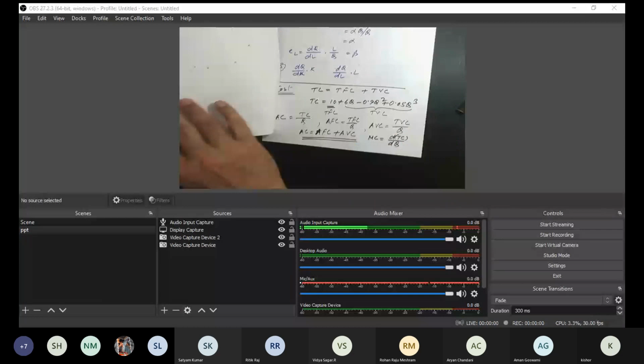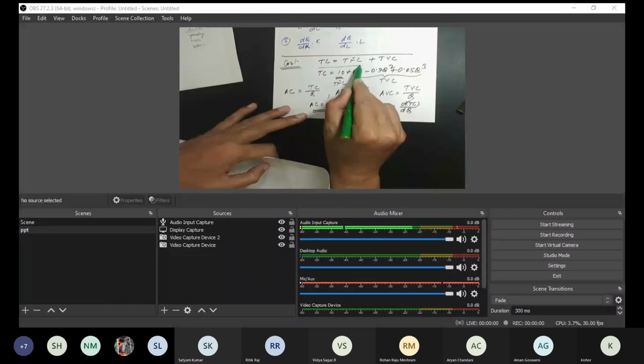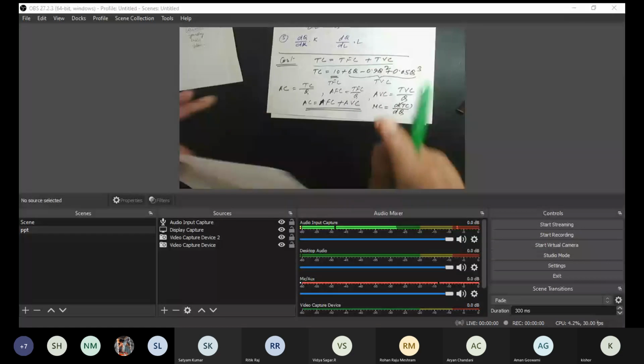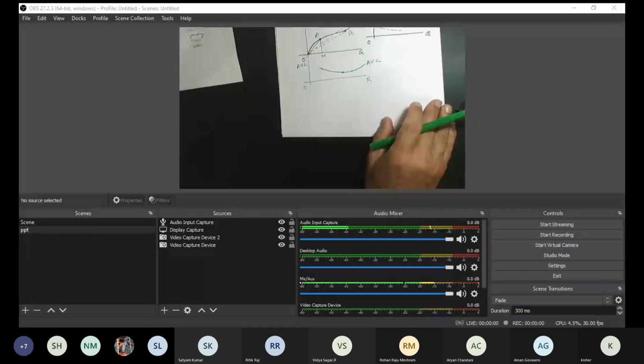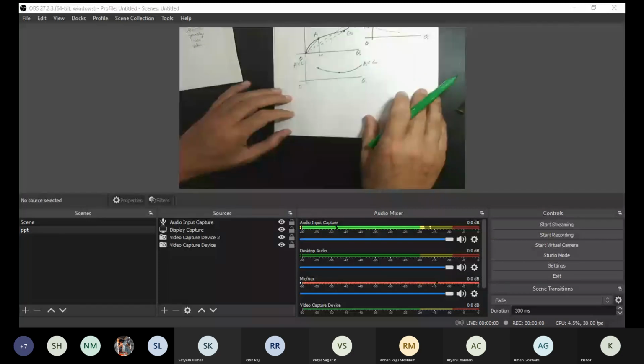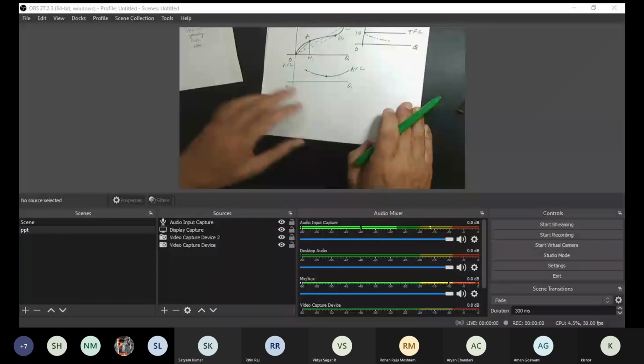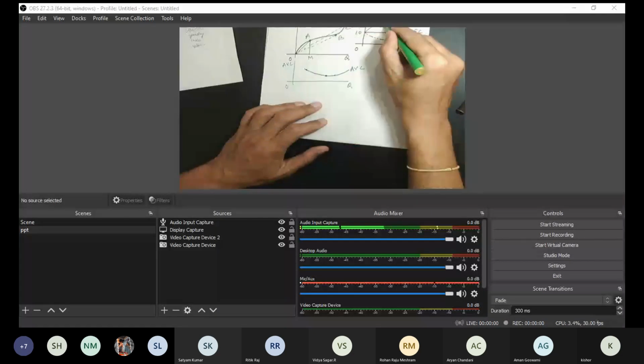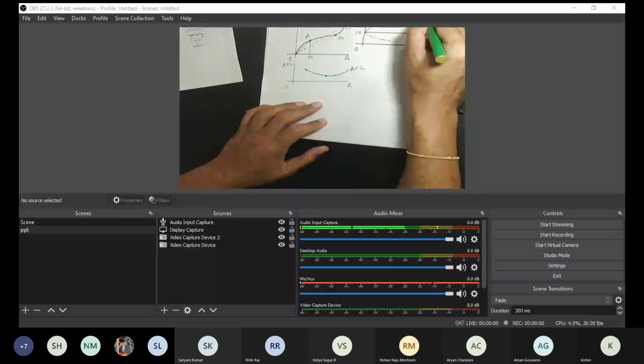TC is TFC plus TVC. Just addition. TFC is a straight line. TVC is this one. So TC will be the same shape. It will start from here. This will be your TC.